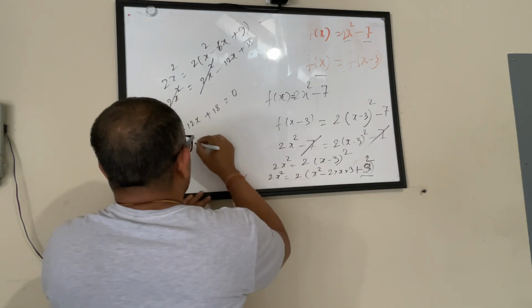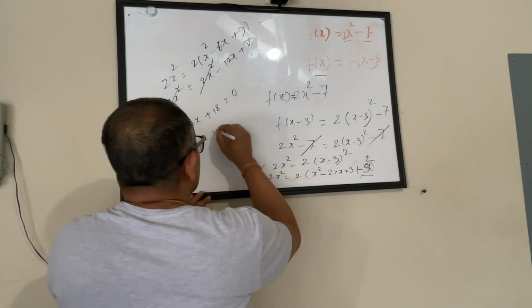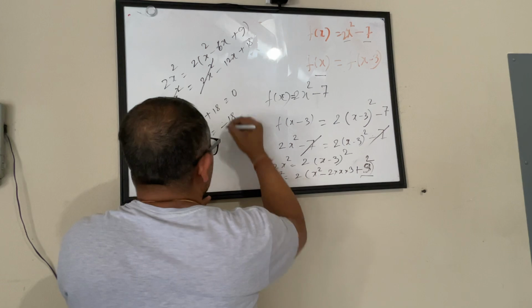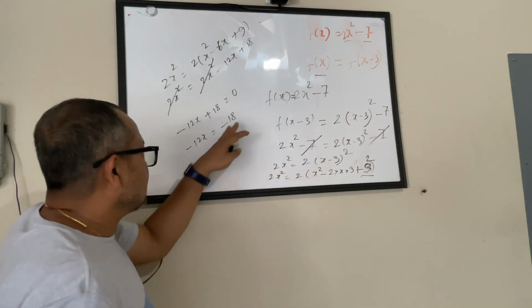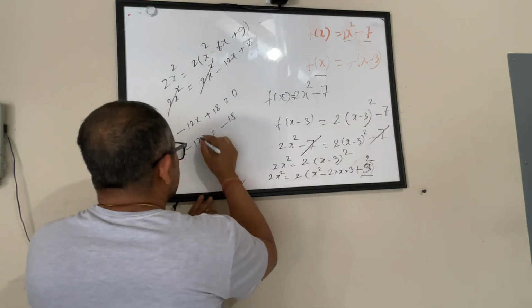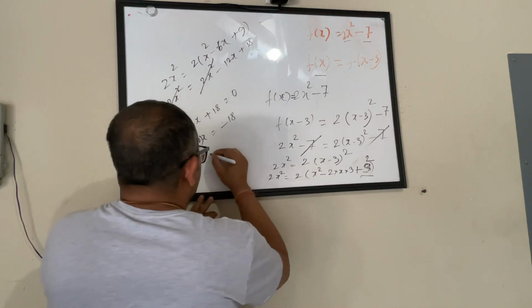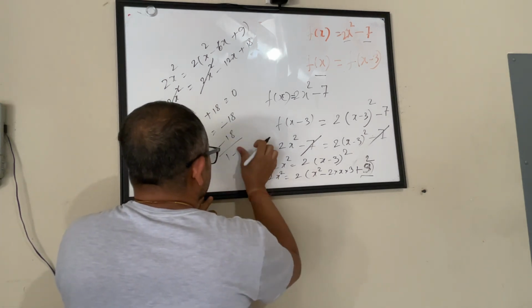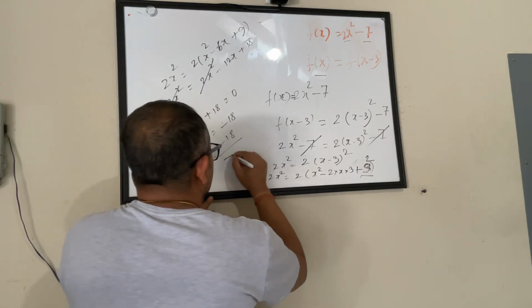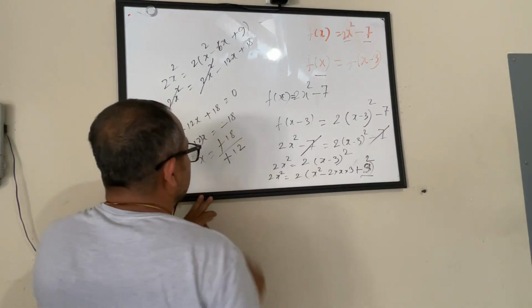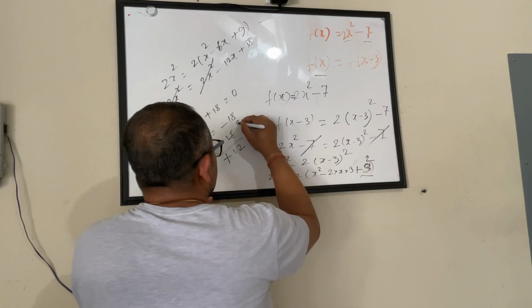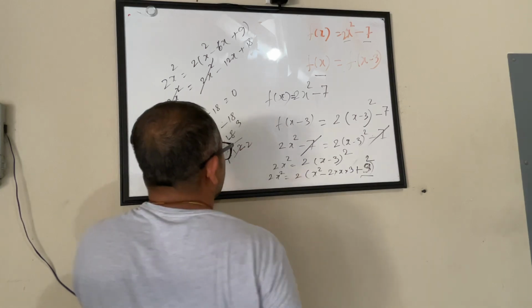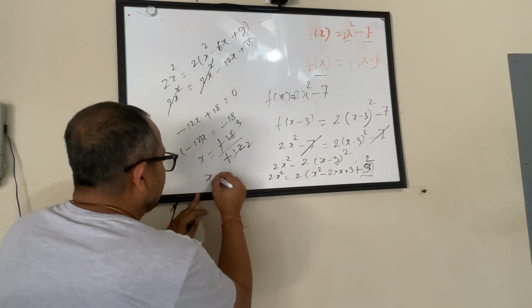Or if I keep only the x term on one side and move this to the other side, it becomes minus 12x equals minus 18. So x equals minus 18 by minus 12. 6 3s are 18, 6 2s are 12. So x equals 3 by 2.